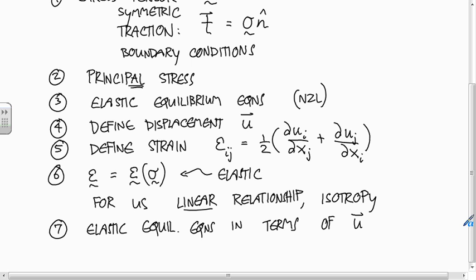And then the last two, I'm going to first define strain energy. So like, the easiest way to think about that is in terms of springs. The potential energy in a spring when it's compressed or stretched is a strain energy, I mean.